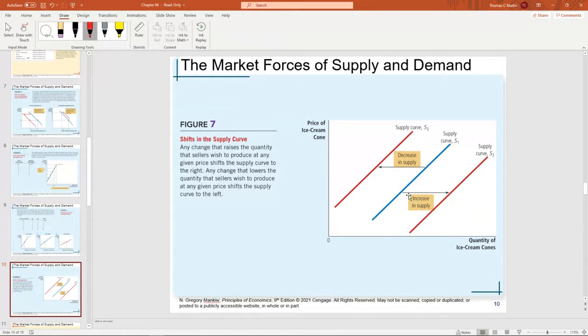If there's an increase in supply, the quantity will increase. And it'll be the opposite if it's decreased. So just keep that in mind.